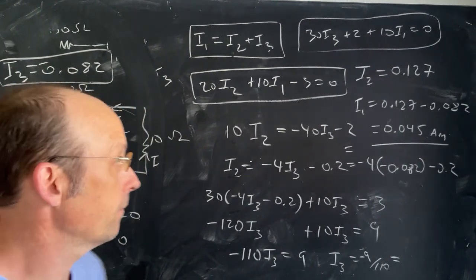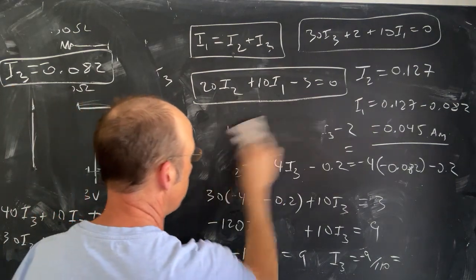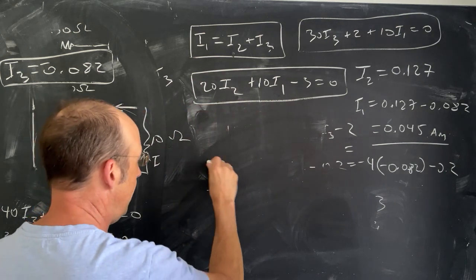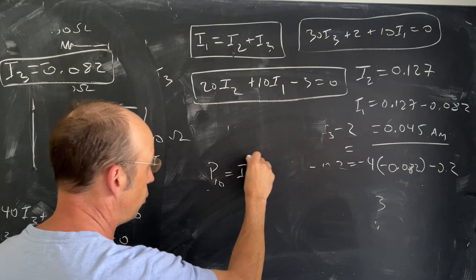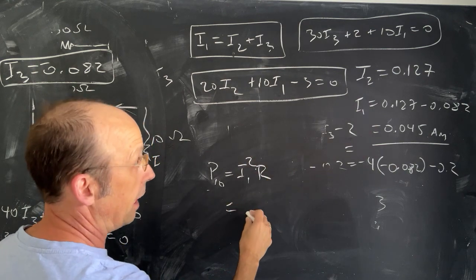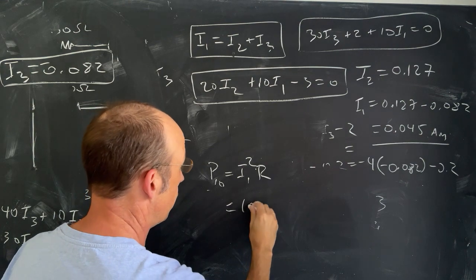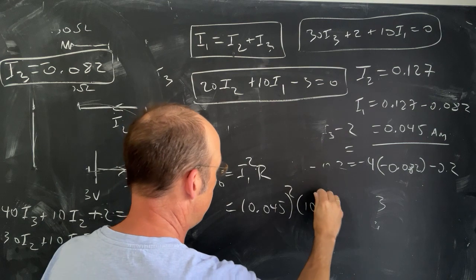Okay, sorry. Now I can find the power. P for the 10 ohm resistor is going to be I1 squared times R. So that would be 0.045 squared times 10.